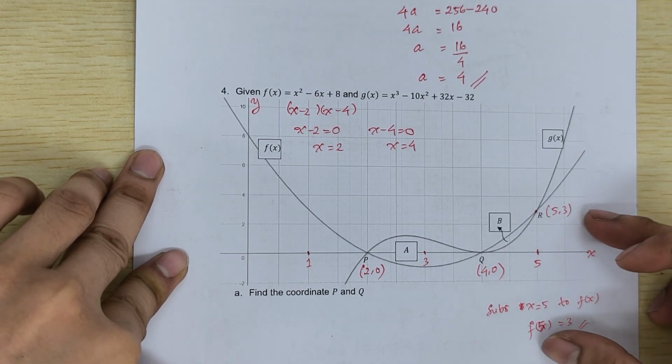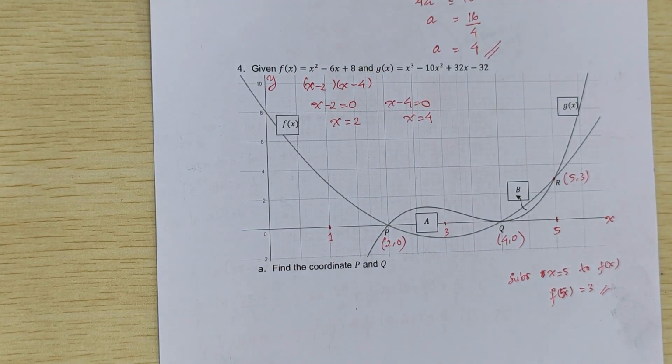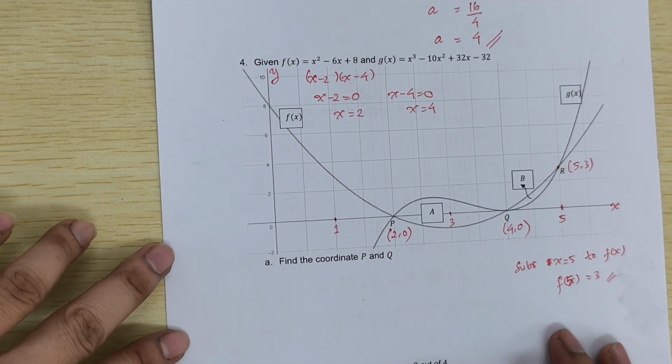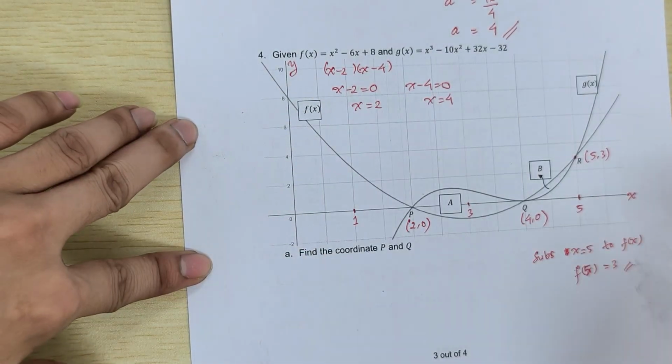Another way to solve this one is using f(x) equals g(x), and then you factorize the whole thing. For that one, it's a little bit complicated, but here is how it looks.